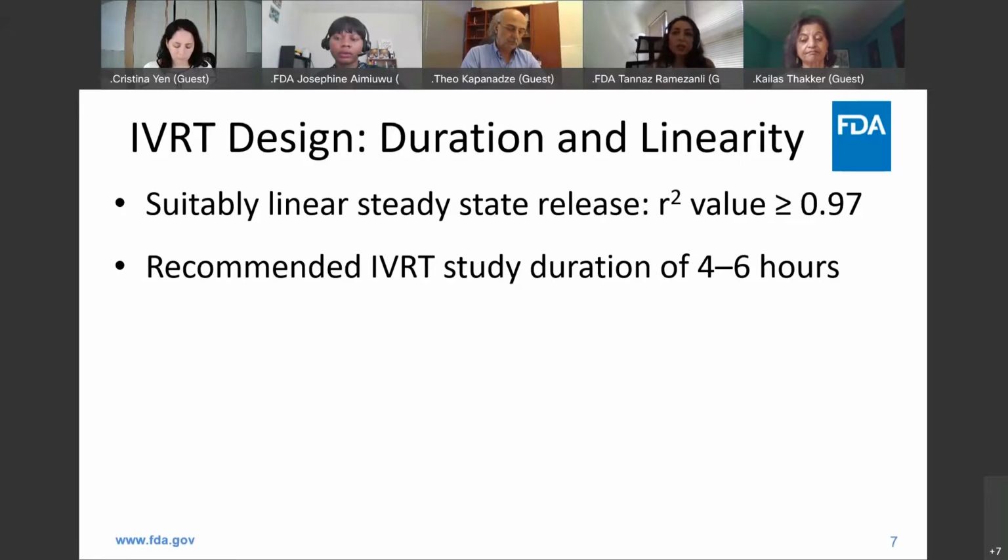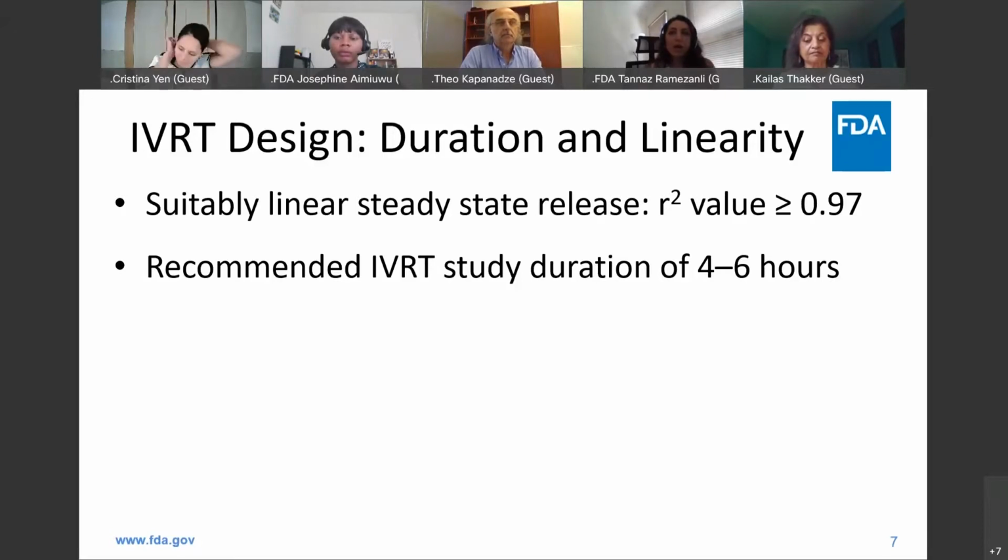Usually, if there is a reason like higher dose depletion, inadequate solubility, or getting to the plateau in your IVRT curve, these can be resolved by optimizing your IVRT method rather than shortening your IVRT study.